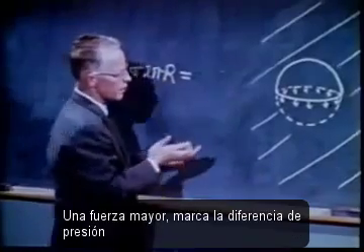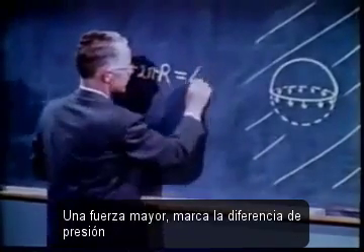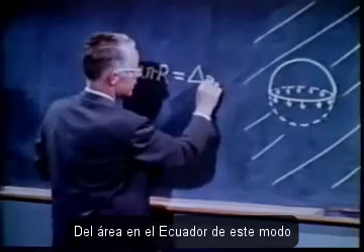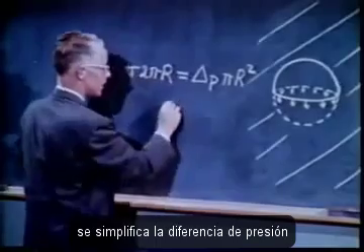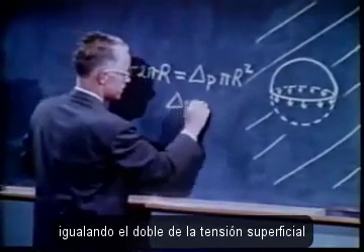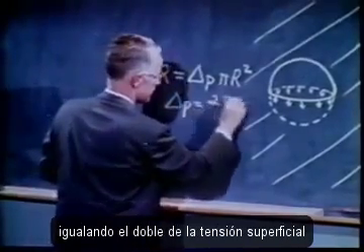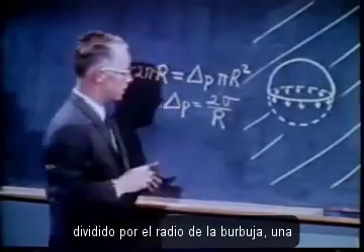That must be balanced by an upward force, the pressure difference, times the area at the equator. This simplifies to the pressure difference equaling twice the surface tension divided by the radius of the bubble.